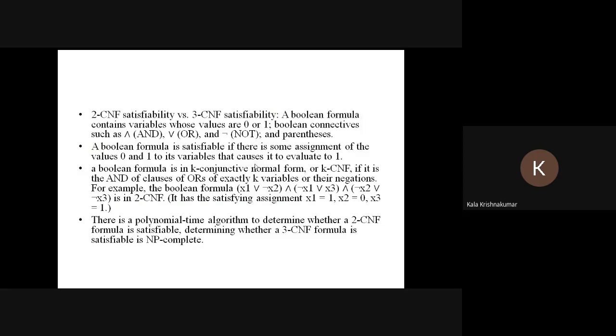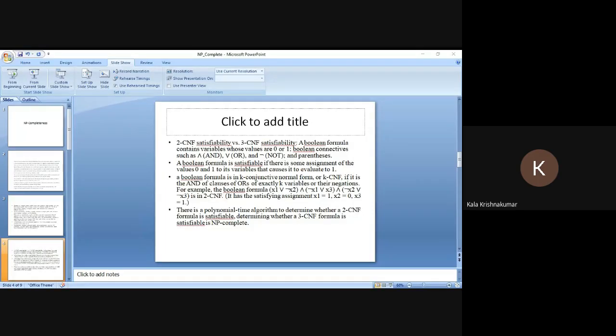Satisfiable means that given a truth assignment to the literals in the Boolean expression, the truth value of the entire expression is true. Then we can say that the expression is satisfiable. Otherwise, it is not satisfiable.